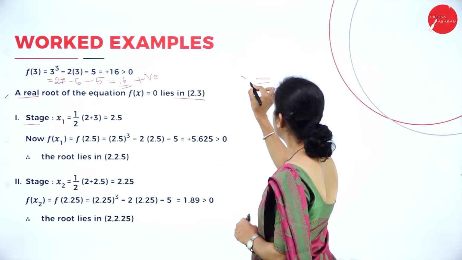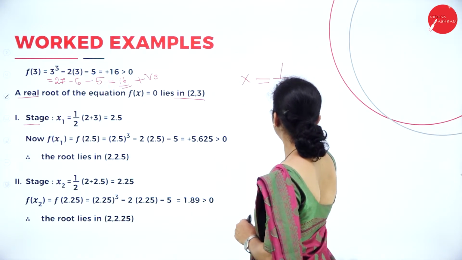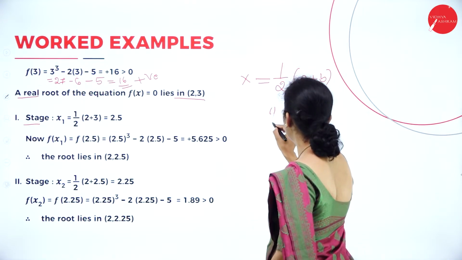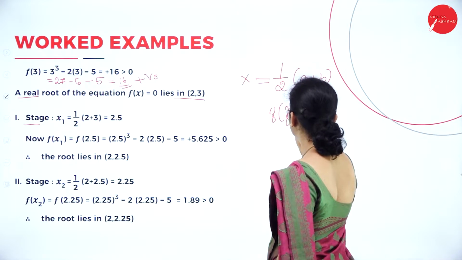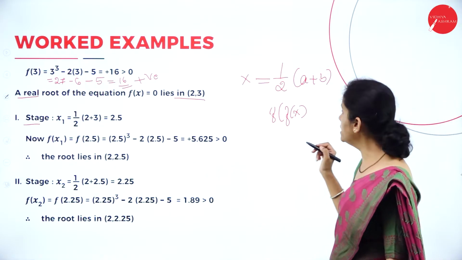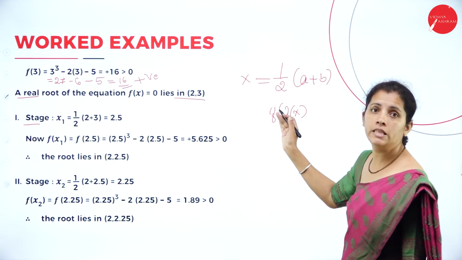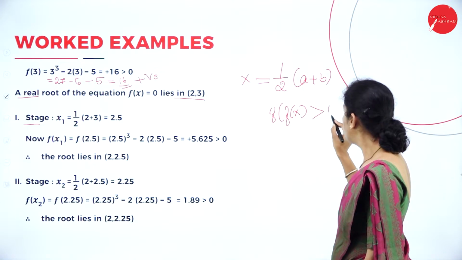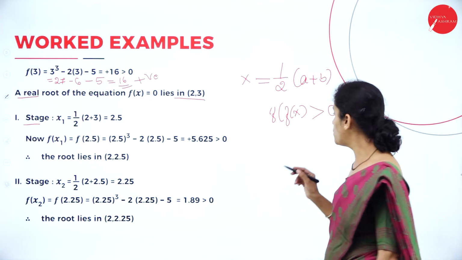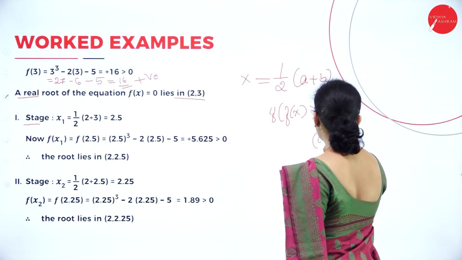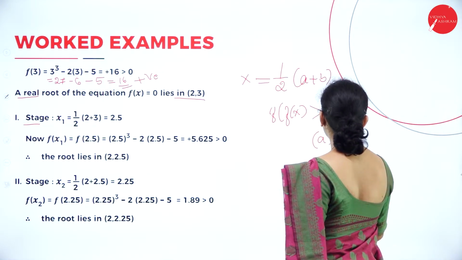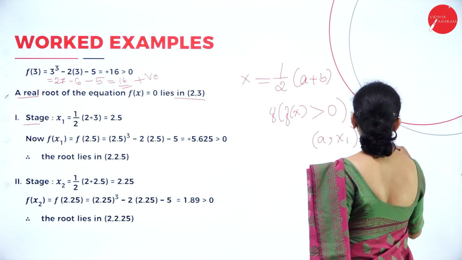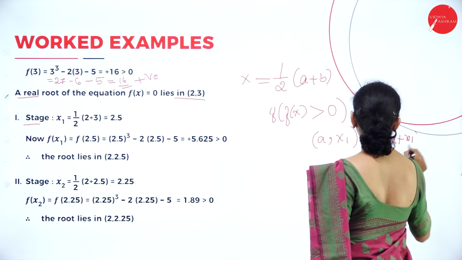I have the bisection formula half A plus B. Now, if f of x, that means after substituting the x value in the given equation, I am getting a positive value, then A remains as it is and I am going to change the B value. So, it is half A plus x1.